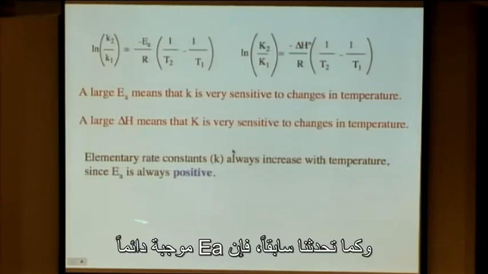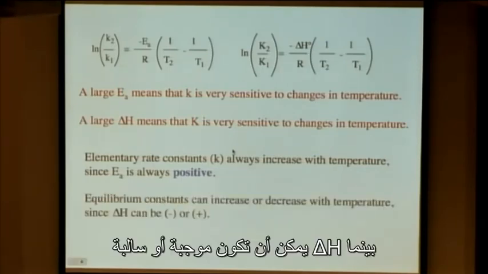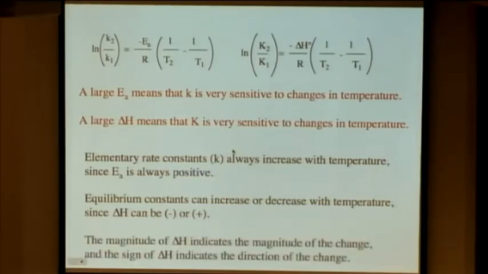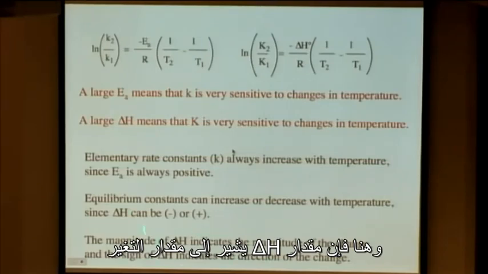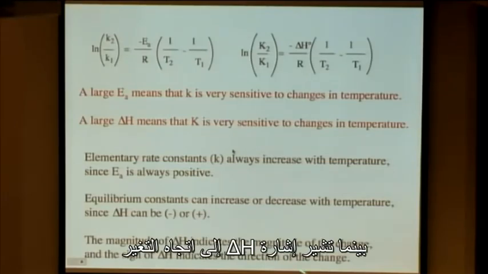And as we've talked about, EA is always positive, so elementary rates always increase with temperature, whereas delta H can be positive or negative, so equilibrium constants can increase or decrease with temperature. The magnitude of delta H indicates how much K will change, a big change or a small change, whereas the sign of delta H indicates the direction of the change.